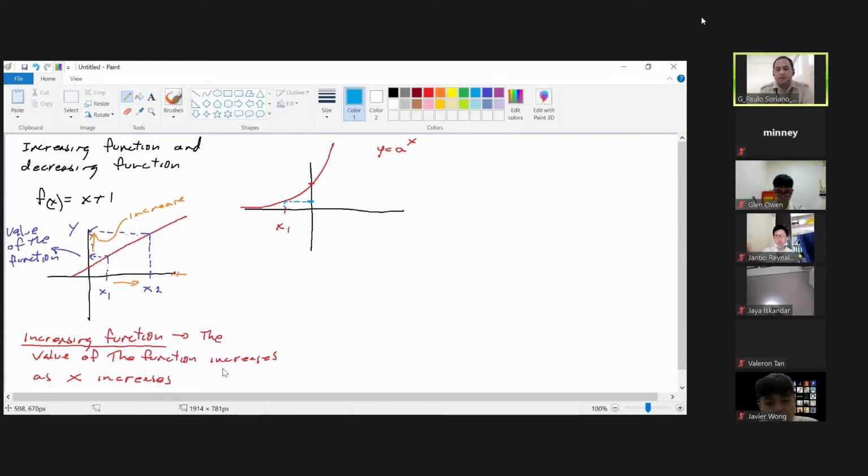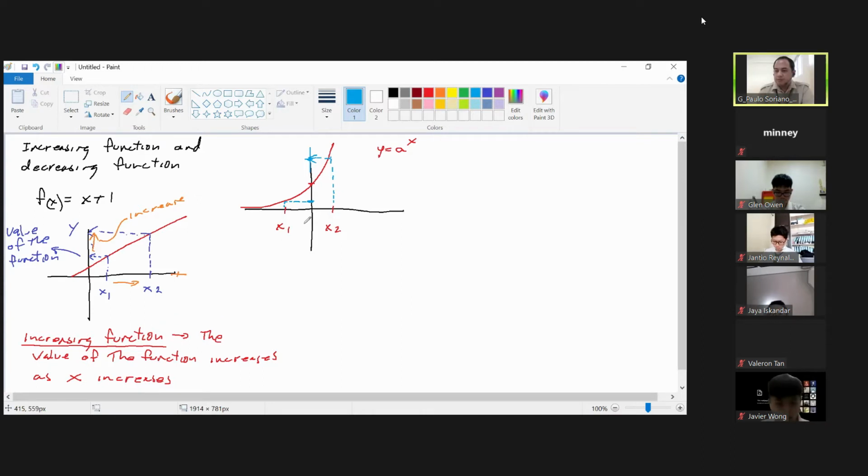If I increase x to x2, the value of the function also increases up here. So in this setup, this is still called an increasing function.